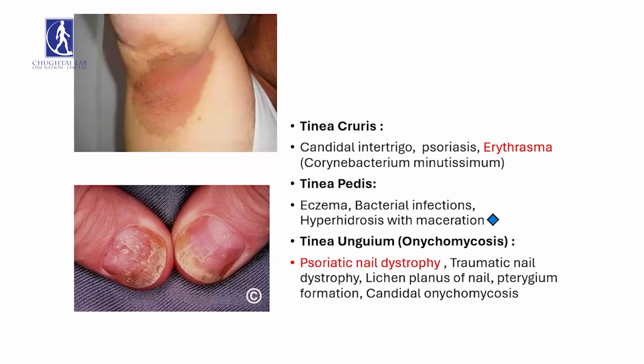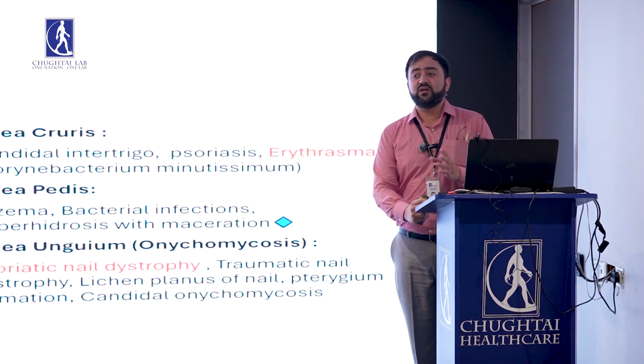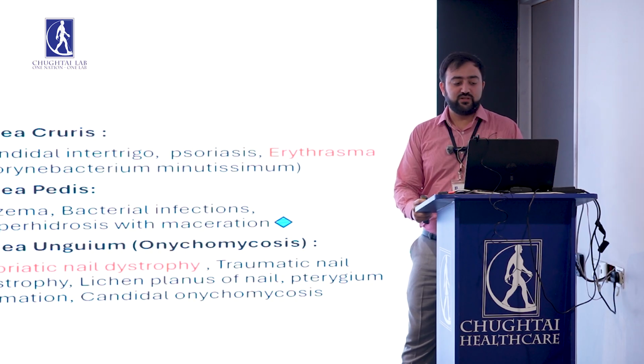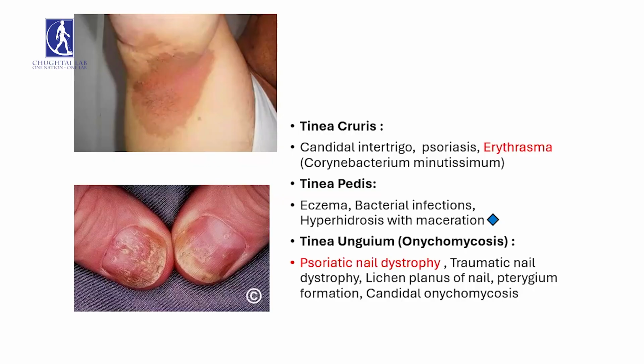They also present similarly. So the red pinkish moist lesion in the axilla is actually erythrasma caused by Corynebacterium minutissimum. So that is treated with topical or oral antibiotics, not antifungals. And psoriatic nail dystrophy, as you can see in the bottom picture, is clinically similar to onychomycotic lesions.